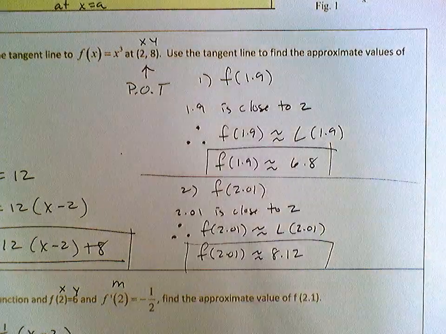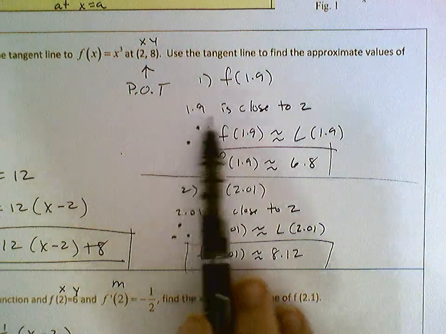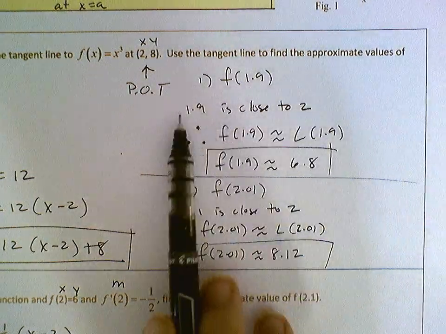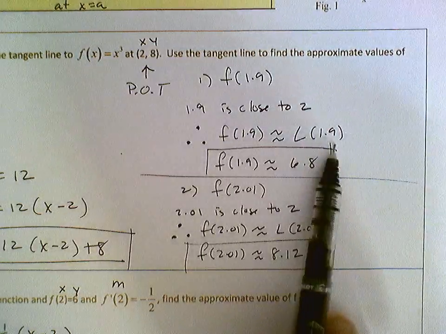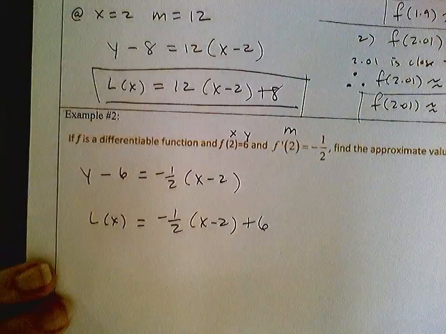Okay, and then I'm going to be very clear for my reader, just like I was before. By saying something like this, guys, you're setting up for your reader why you're allowed to approximate like this. You're making it clear to them.